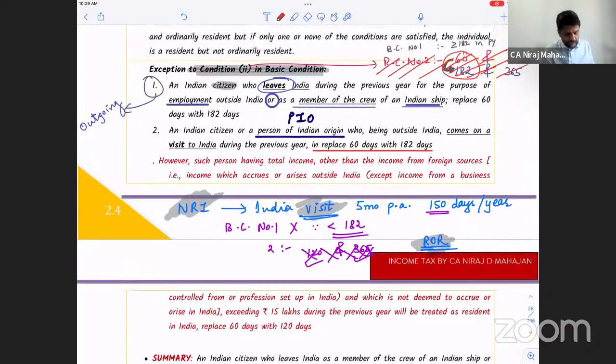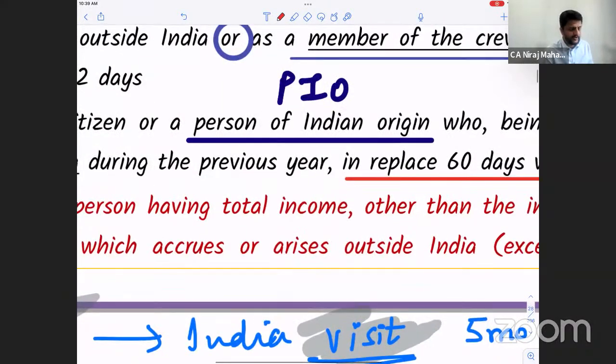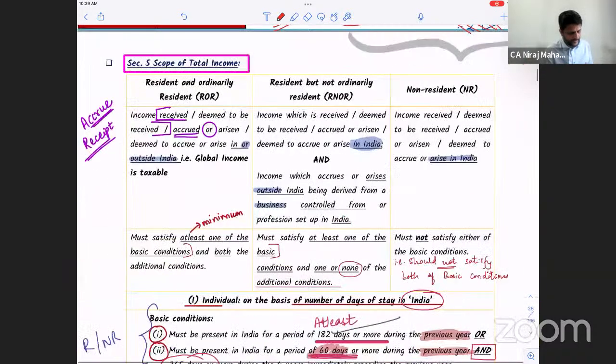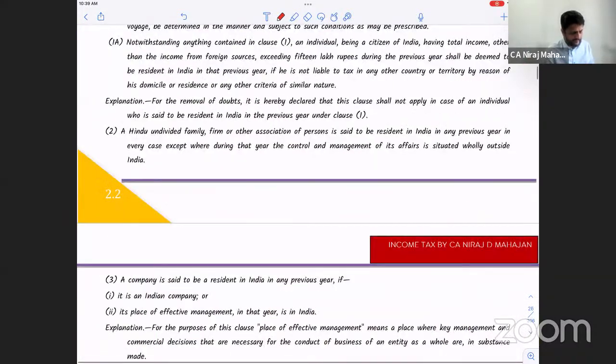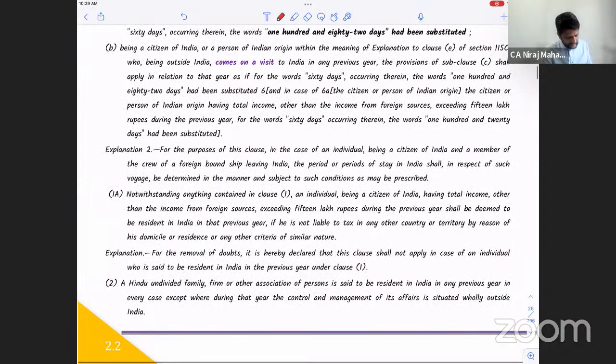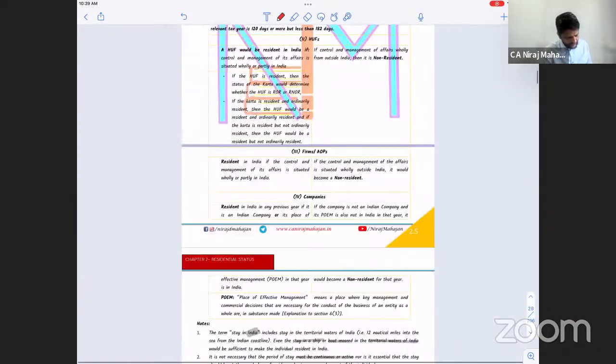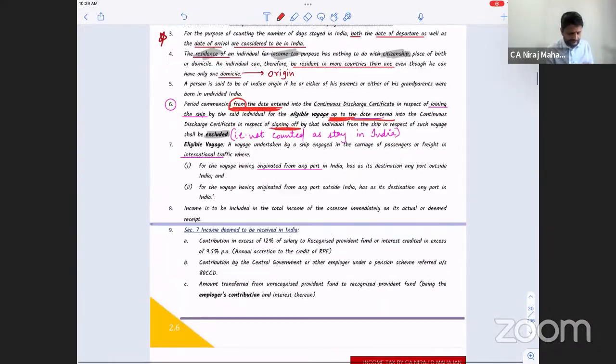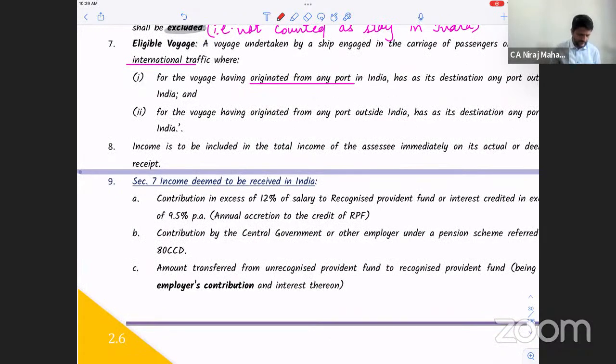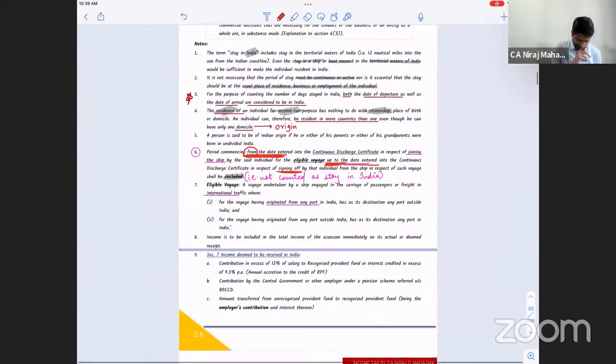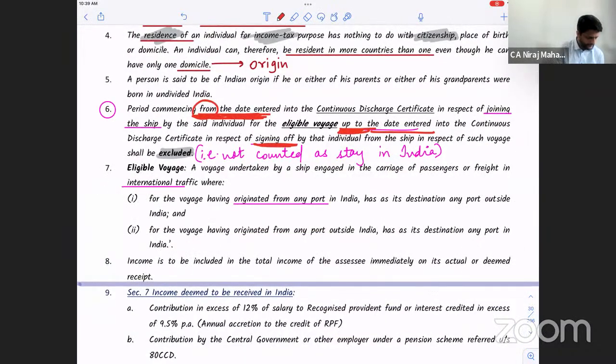Now we will look at a person of Indian origin. For that, we have notes over here, point number 5. Important. Everyone there?